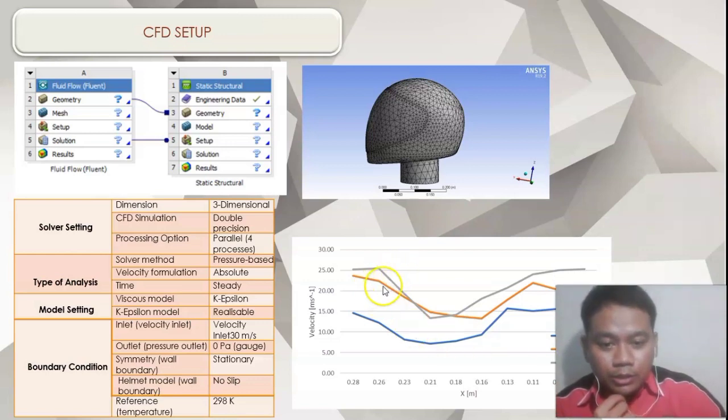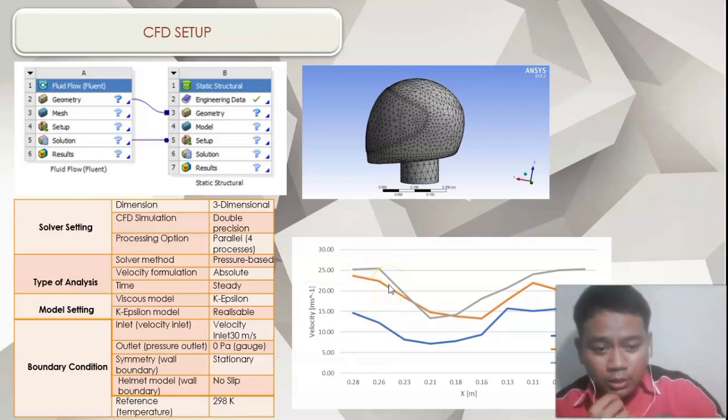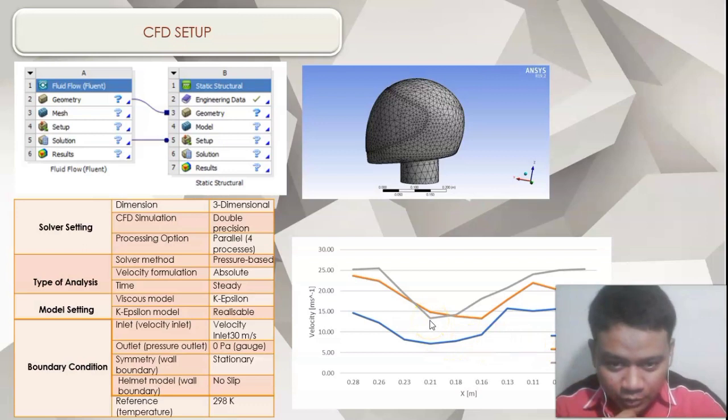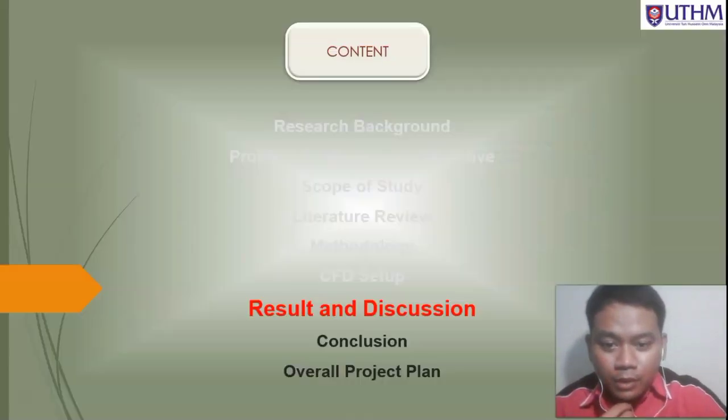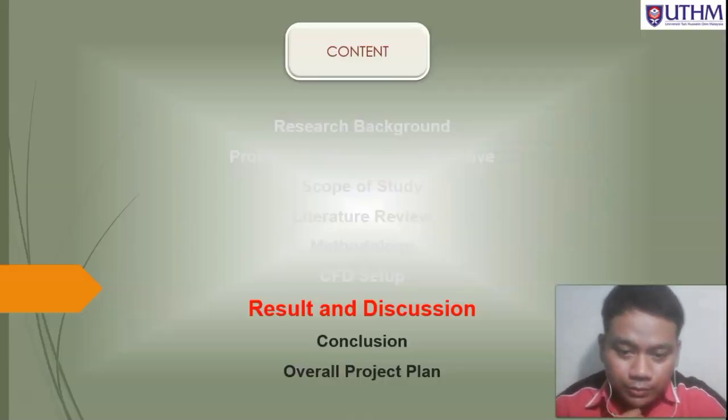As you can see from the grid independent test, the most suitable element size is 10 millimeter, because the line is quite consistent with the 23 millimeter element size. This step is required in order to validate the model, to see if it can be used to get a more accurate result. Okay, next we move to the result and discussion.